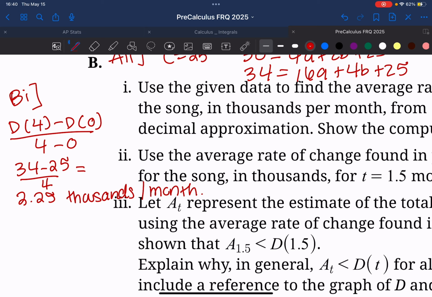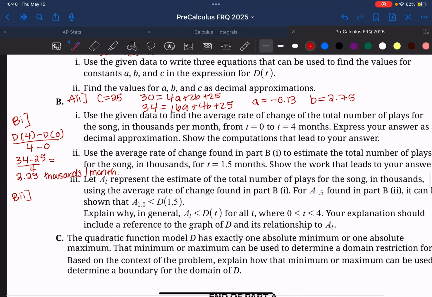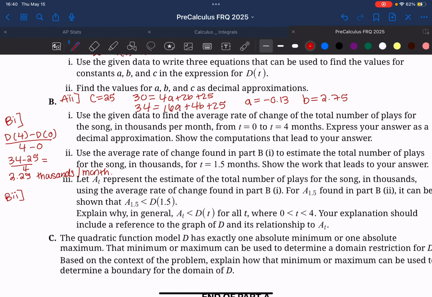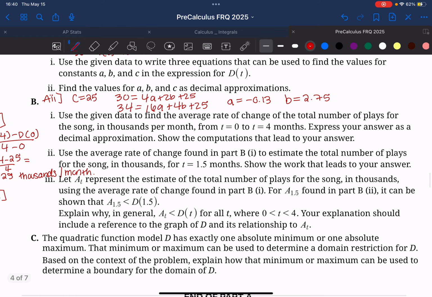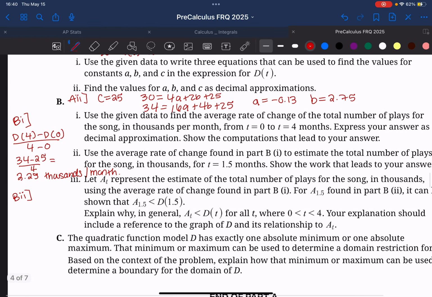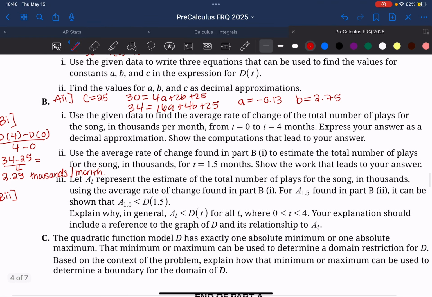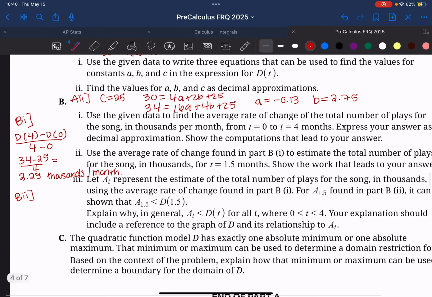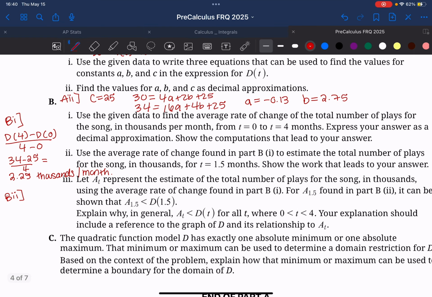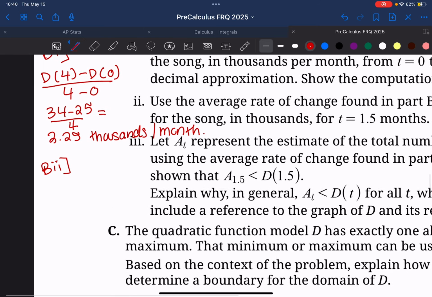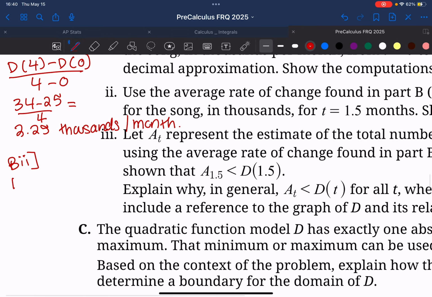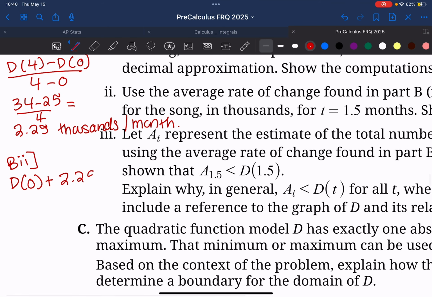Okay. Then for B part 2, it says use the average rate of change found in B part 1 to estimate the total number of plays for the song in thousands for t=1.5 months. Show the work that leads to your answer. So for part 2, I'm going to do D of 0 plus my average rate of change of 2.25 times t.